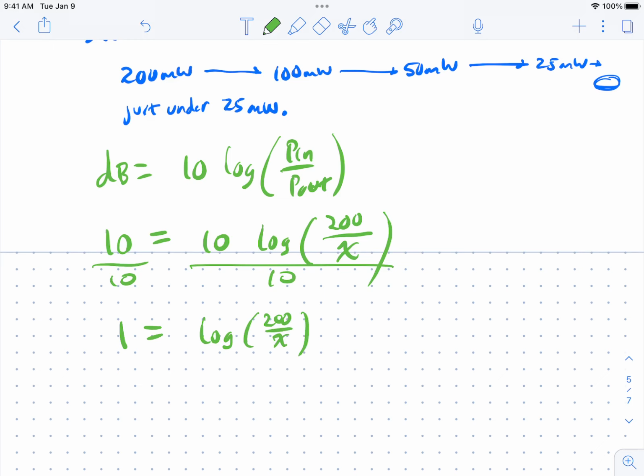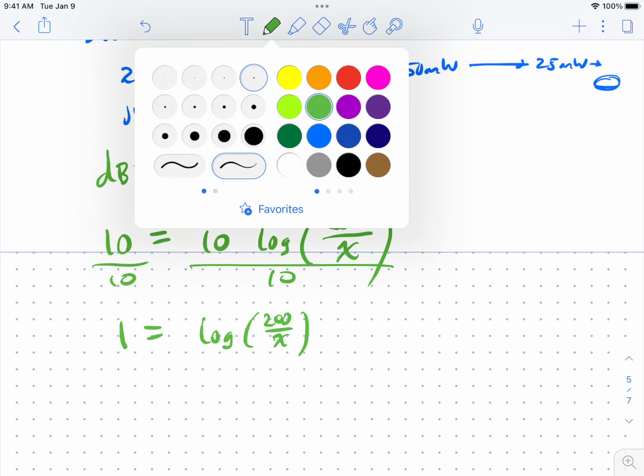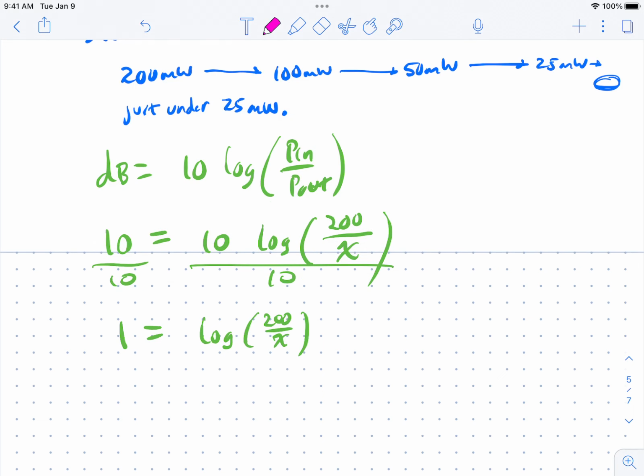Okay, that's interesting. How are we going to solve that? Well, remember we have this idea of a swooshy move. Remember page 1, we were taking exponential equations, turning them into logarithmic equations, and vice versa. In other words, log without an explicit number there is a base 10. I can say 10 to the 1 power is equal to 200 over x.